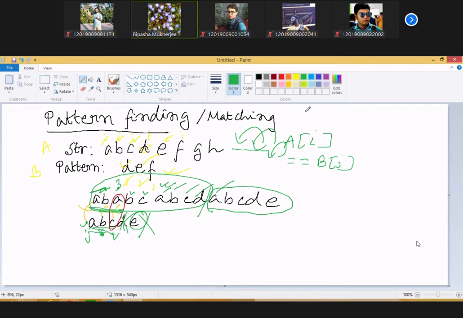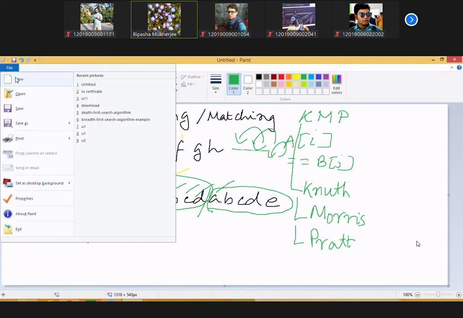So what do they try to do? There is one algorithm named Knuth Morris Pratt. In this algorithm, for a string, they find the prefix and suffix.